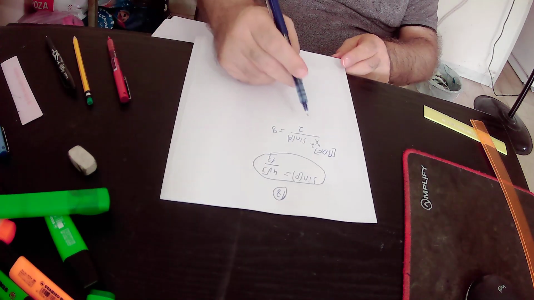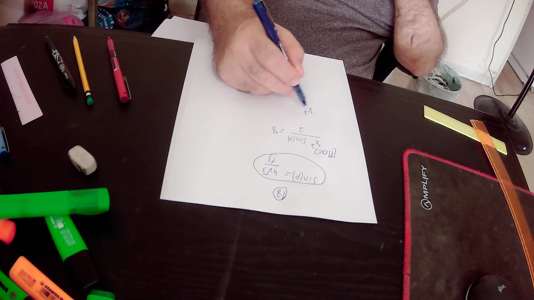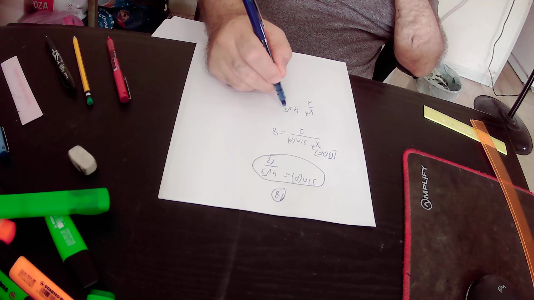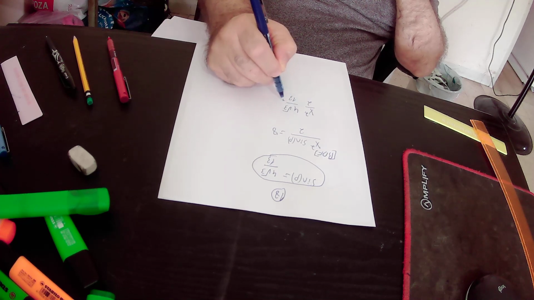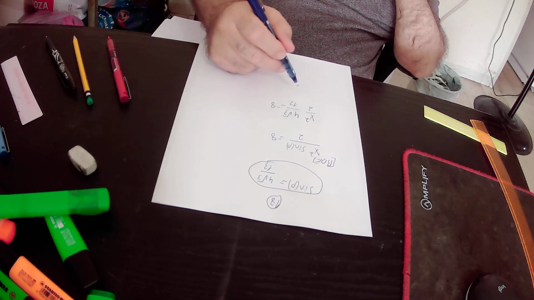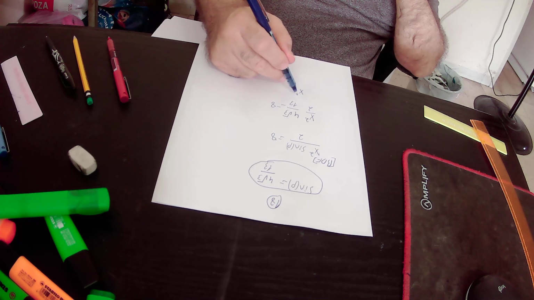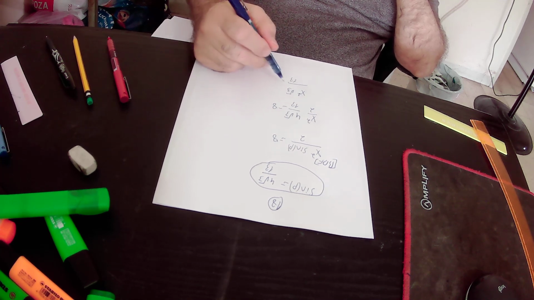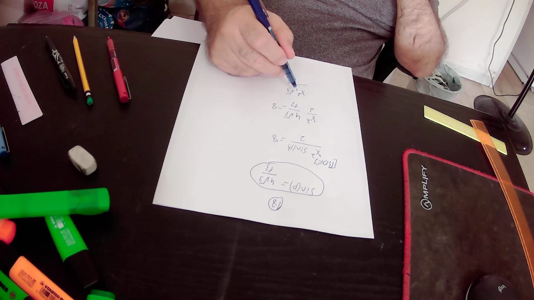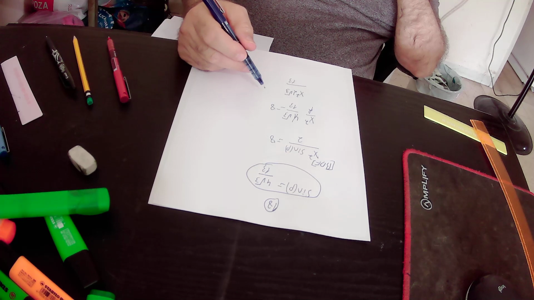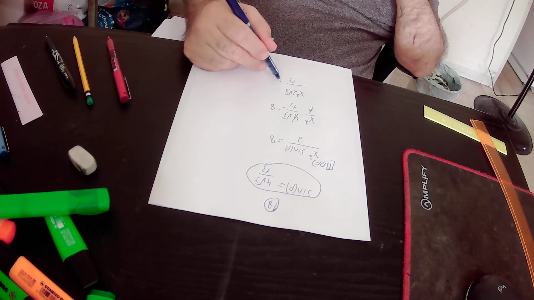This is x squared over 2 times 4 times root 3 over 13, all equals 8. 4 over 2 is 2, so it is 2 times x squared times root 3 over 13 equals 8.